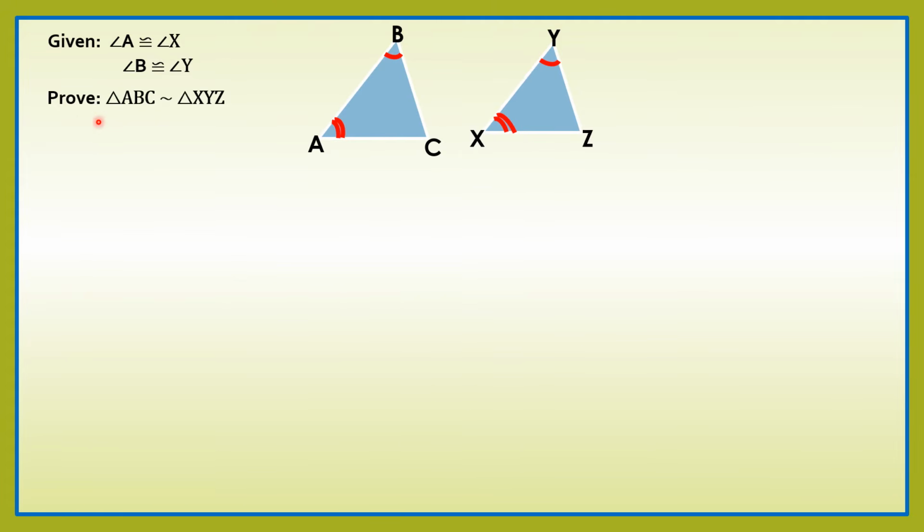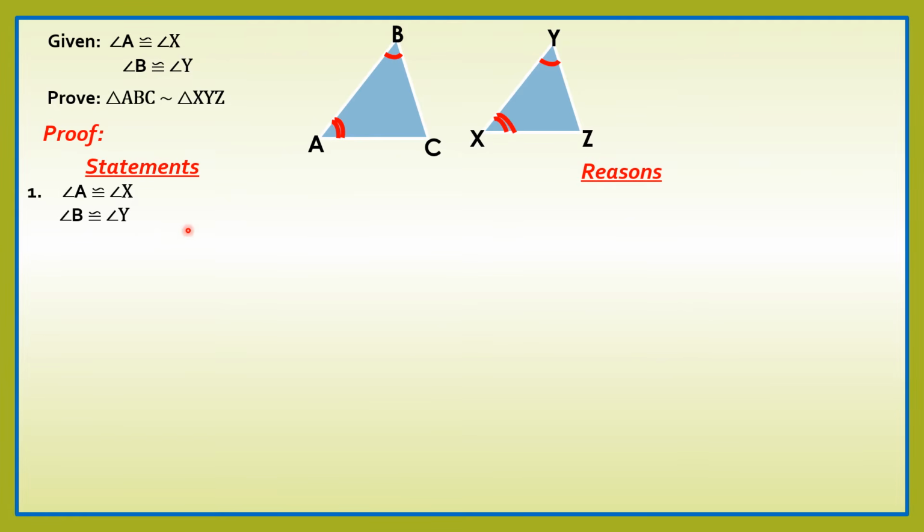This time we're going to prove that triangle ABC is similar to triangle XYZ. So given dito, angle A is congruent to angle X. Angle B is congruent to angle Y. So, proof, statements natin, and we have here reasons.